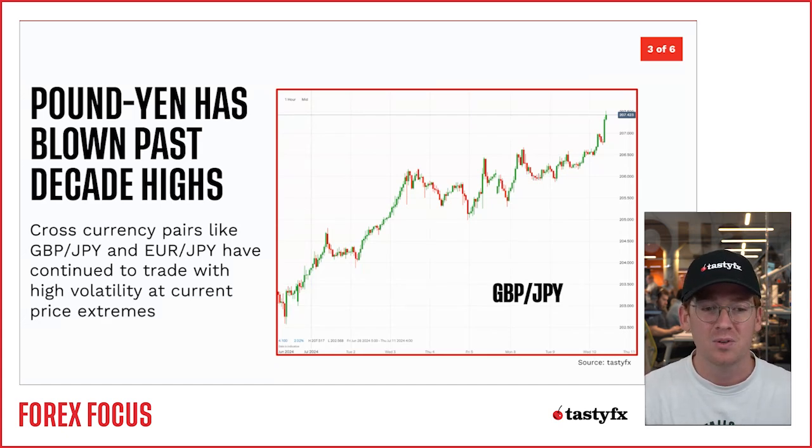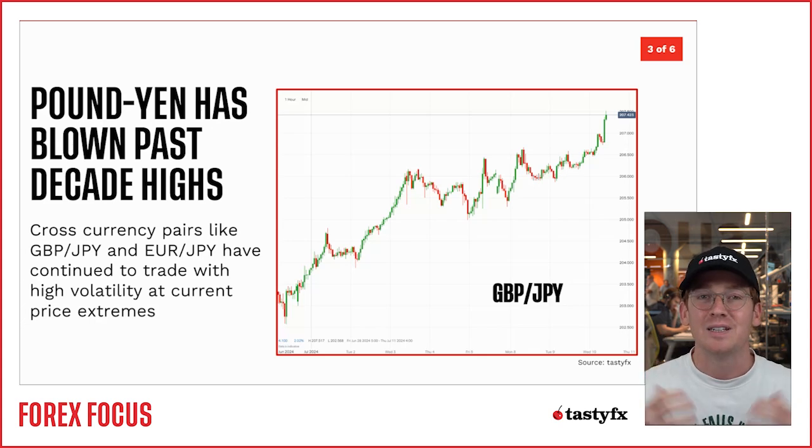And then also, if you look at euro yen on your own, very similar, continuing to see volatility, continuing to see price extremes that the Forex pair hasn't seen in decades. So you get a semblance that even the most volatile dollar-based pair is not seeing as much volatility as some of the crosses.